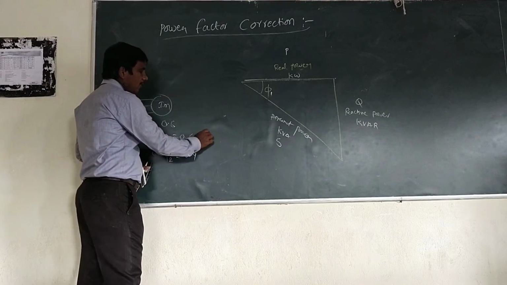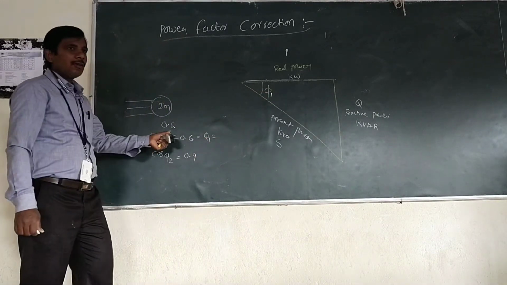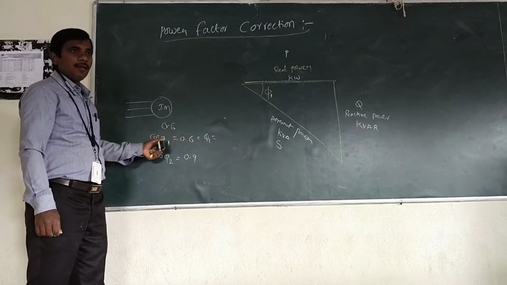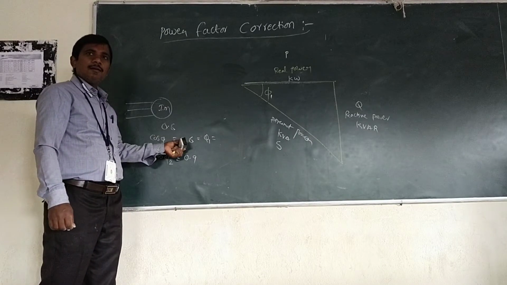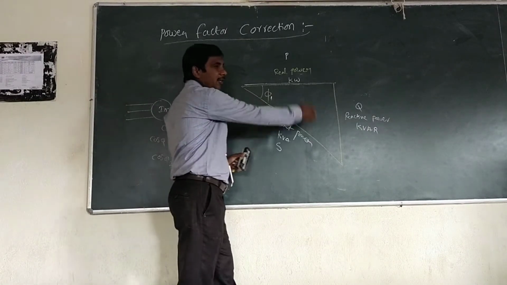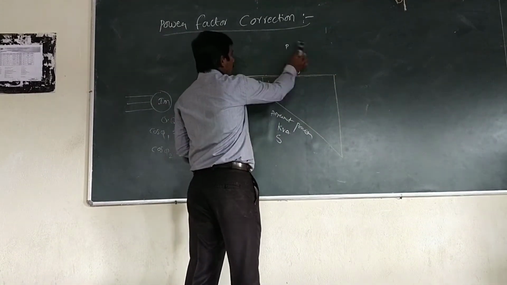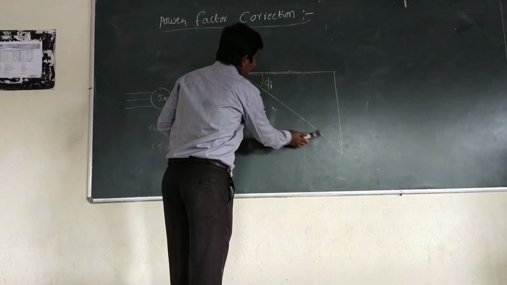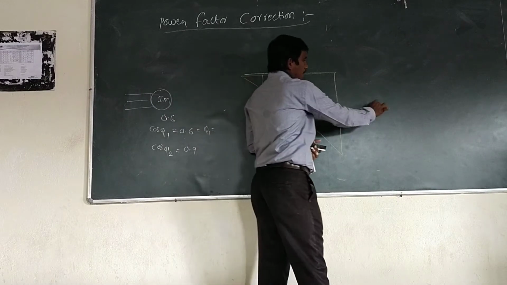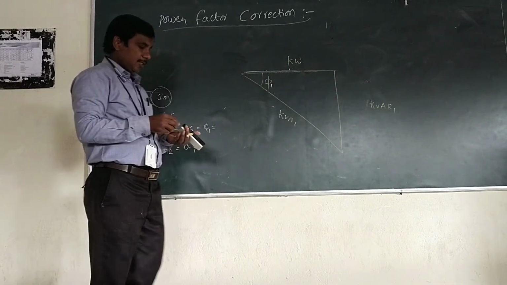Now phi 1 is cos inverse 0.6, which is some angle. With phi 1 we draw one triangle: phi 1, kVAr 1, kVA 1, and the real power P in kilowatt.